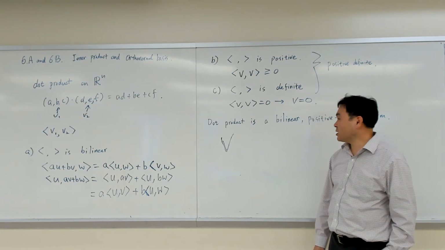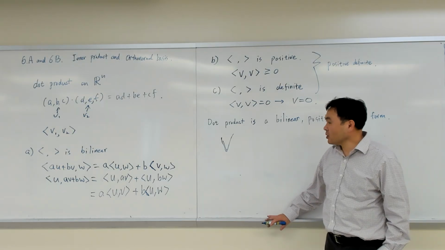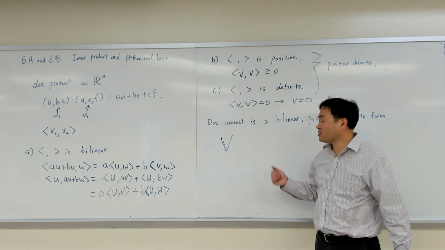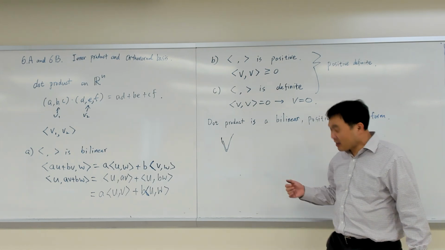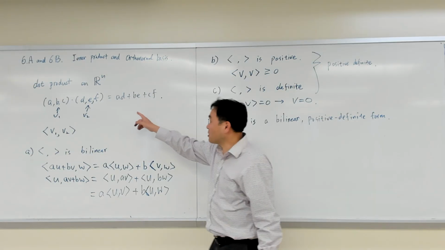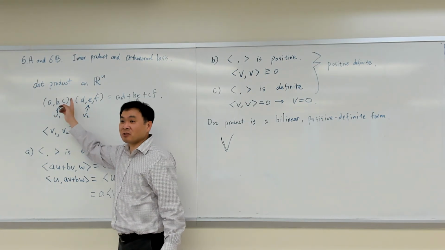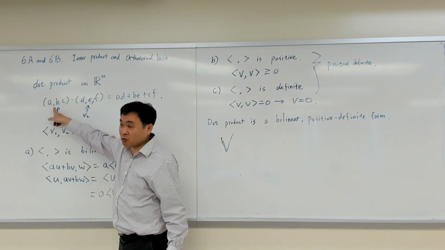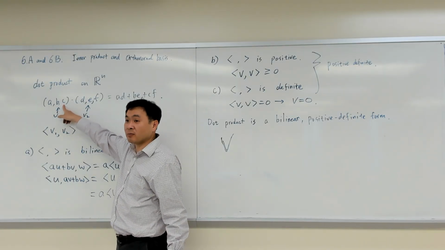If you want to talk about inner product, you can't have a formula like this because, like, what do you mean by ABC? ABC really means A times E1 plus B times E2 plus C times E3, right?